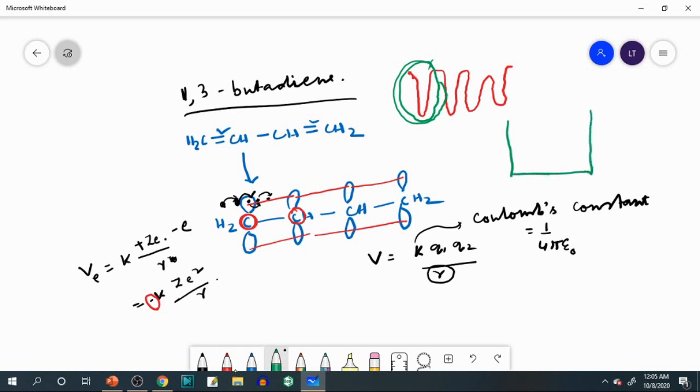In this region the potential energy is low, and outside this region the potential has abruptly become higher.